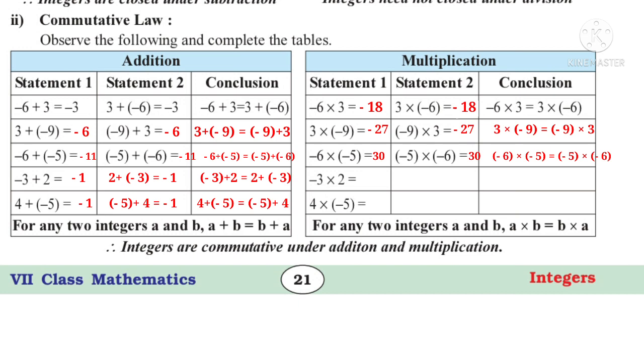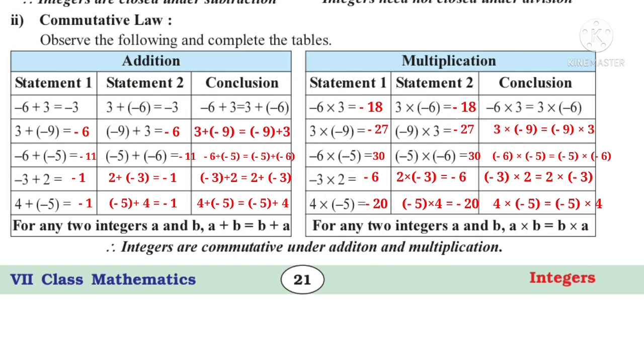Now minus 3 into 2 gives minus 6. Interchange them. 2 into minus 3 also gives minus 6. So minus 3 into 2 is equal to 2 into minus 3. Last, 4 into minus 5 gives minus 20. Now interchange them. Minus 5 into 4 also gives minus 20. So 4 into minus 5 is equal to minus 5 into 4.